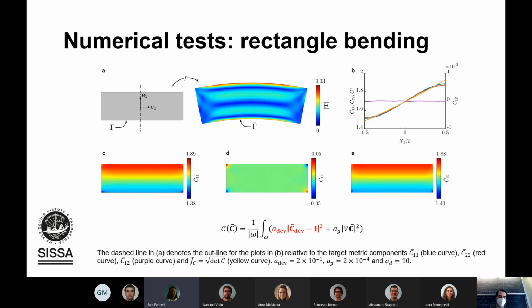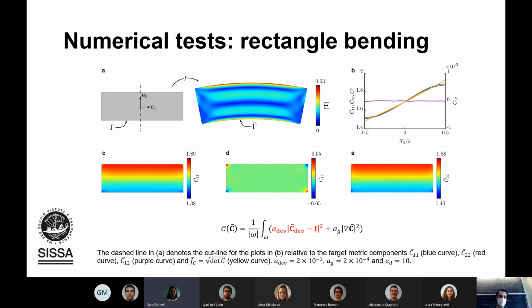So indeed, the optimization leads to a configuration. Let's look at figure C, D, and E, which is a conformal metric tensor. Indeed, C12 is almost 0, and C11 and C22 are almost identical.